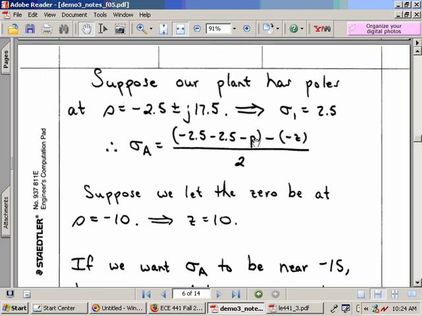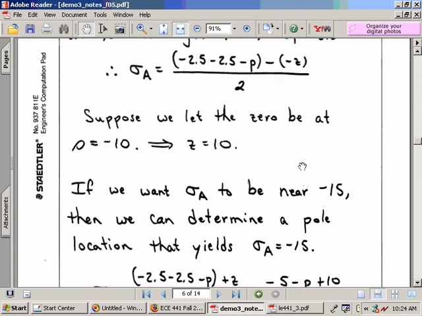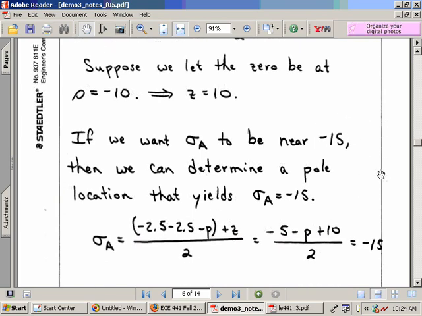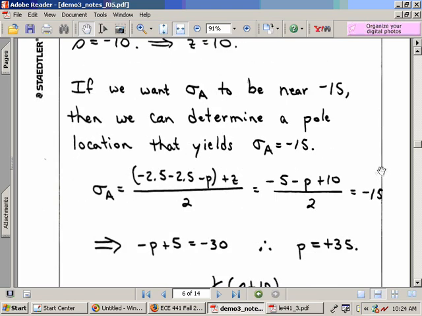We now have only one unknown other than the centroid, and suppose we want our centroid to be at -15, so the asymptote line will originate at -15. That's where our root locus branches are being attracted to, and hopefully they'll be attracted to -15 rather quickly before they get too large an imaginary part.